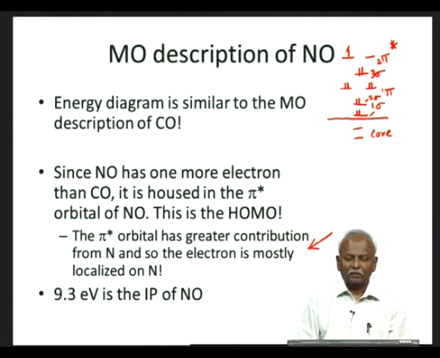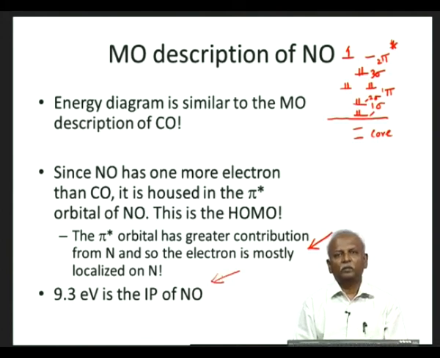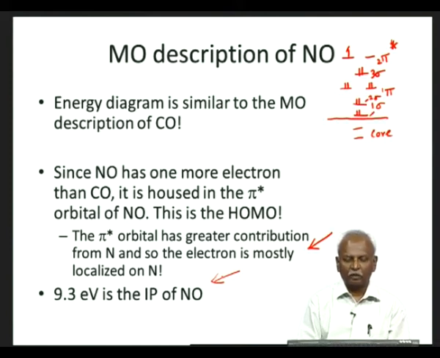So, this electron which is on the pi star orbital can be readily removed, and in fact, the ionization potential is about 9.3 electron volts. So, the ionization potential of NO is 9.3 electron volts and it is readily removed, and then it gives you NO plus.